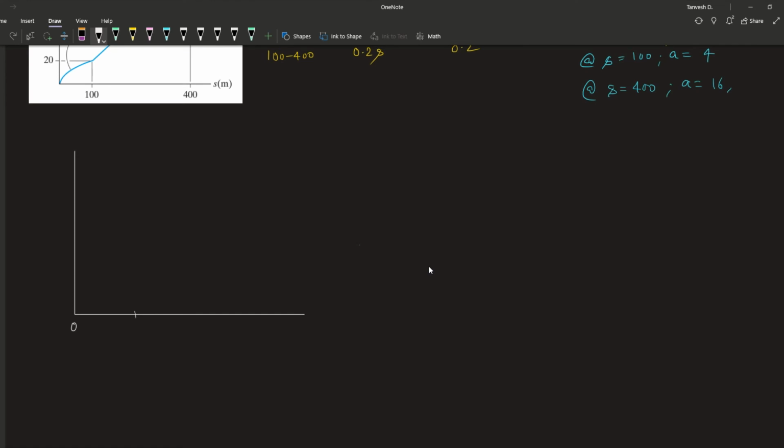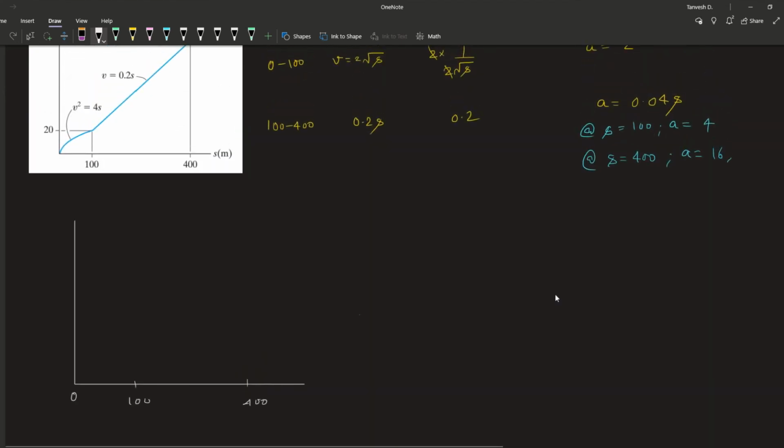So displacement 0, 100 and 400. Acceleration at this 0 is, from 0 to 100 it is constant. So we have, let me just write 2, 4, 6, 8, 10, 12, 14 and 16.